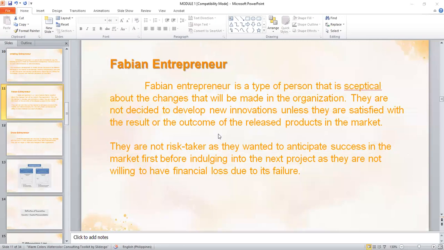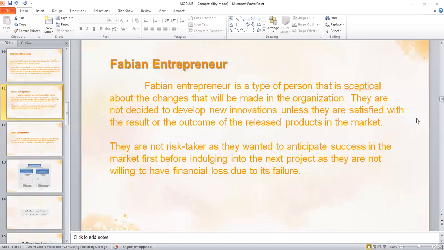Before they will even make innovations on that particular product, they will make sure that they have already earned in the current product they introduced into the market. So they are skeptical of the changes that they're going to make. They want to make sure first, before they try to make it better or add features to what they have already made, that they have already earned. So sigurista is this type of entrepreneur.